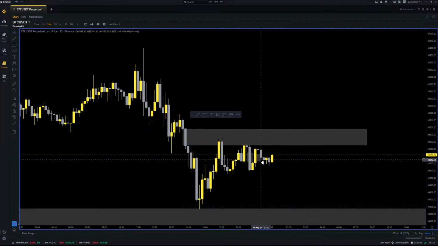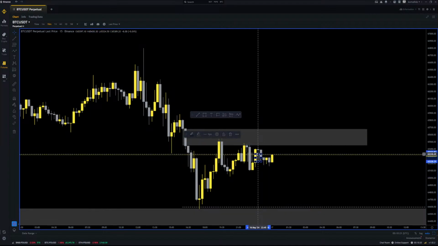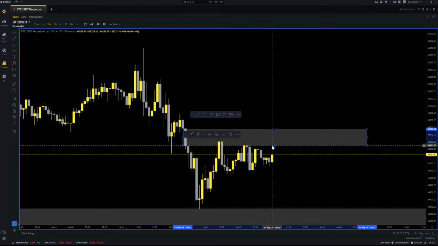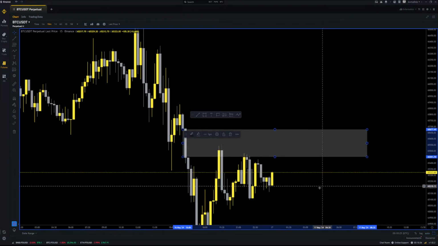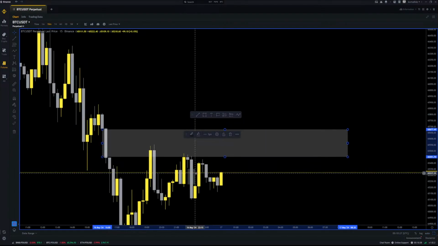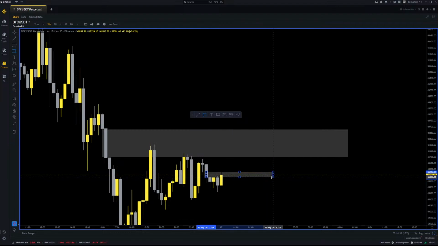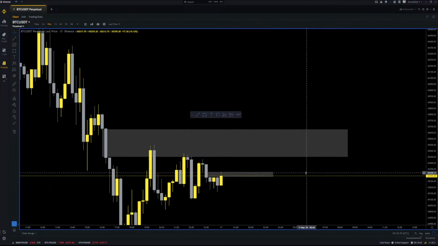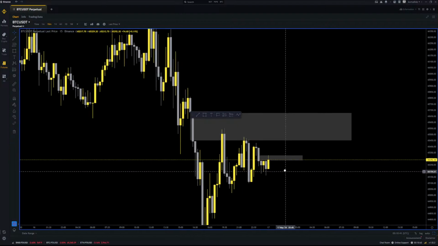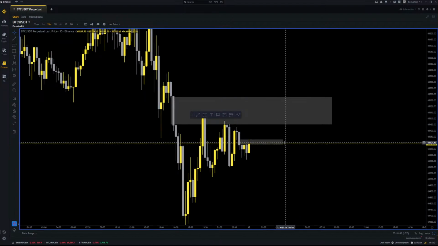If you look closely, I might take an entry onto this imbalance like here. If it gives me that U-turn as an imbalance like here, creating these equal lows, I can see it tries to give me that turn. So I might take an entry like here.